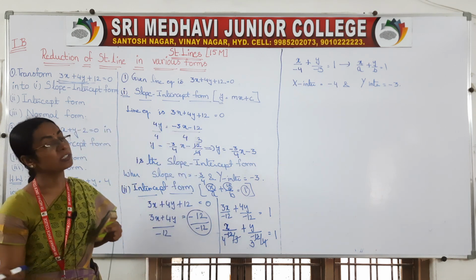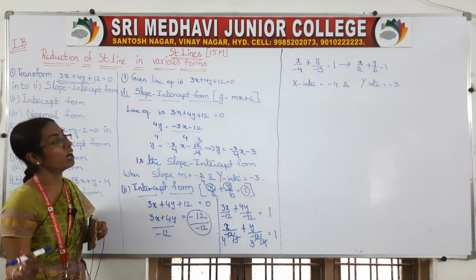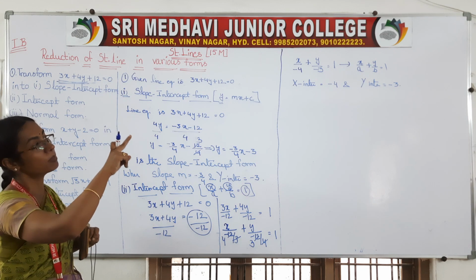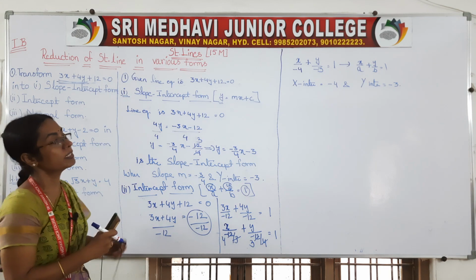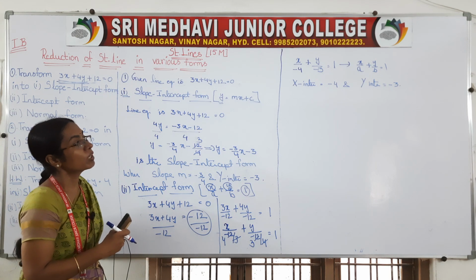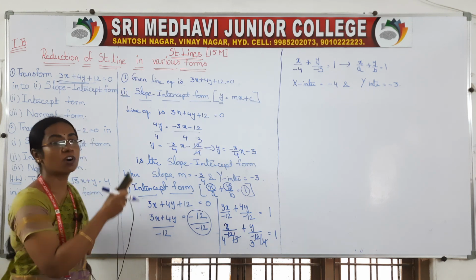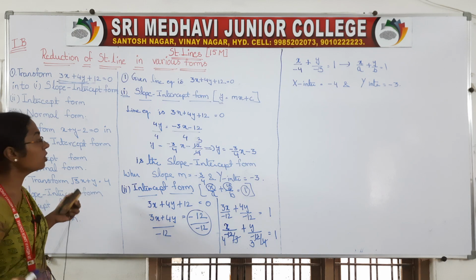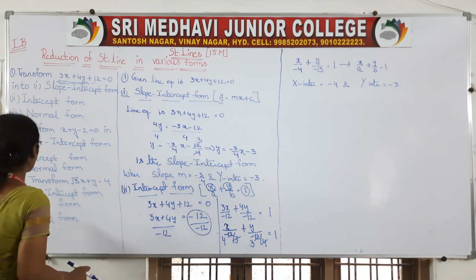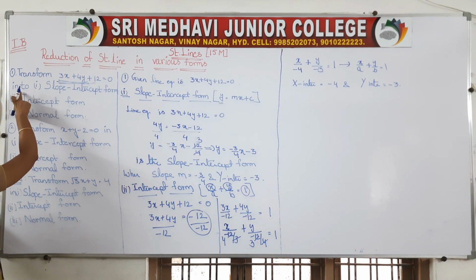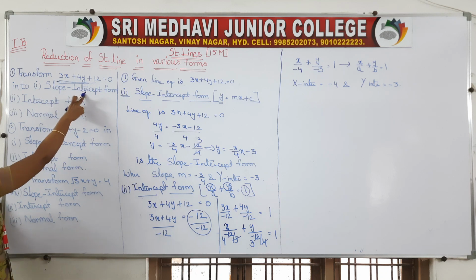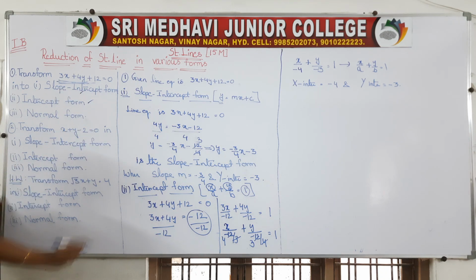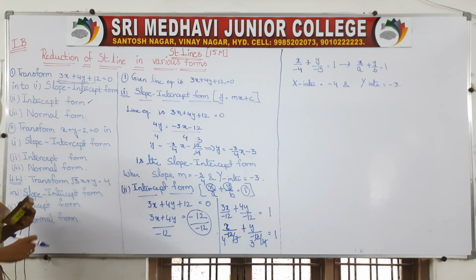So that is your intercept form. Finally, it is in the form of x by a plus y by b is equal to 1. The x intercept is equal to minus 4, and the y intercept is equal to minus 3. So actually here 3 questions are asked: slope, intercept, intercept. So slope intercept is over, intercept is over, now come to normal form.